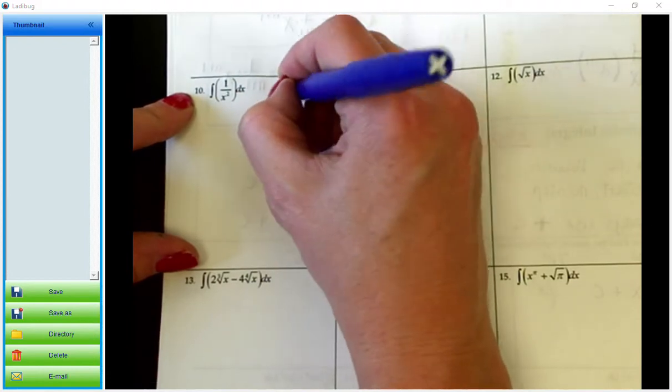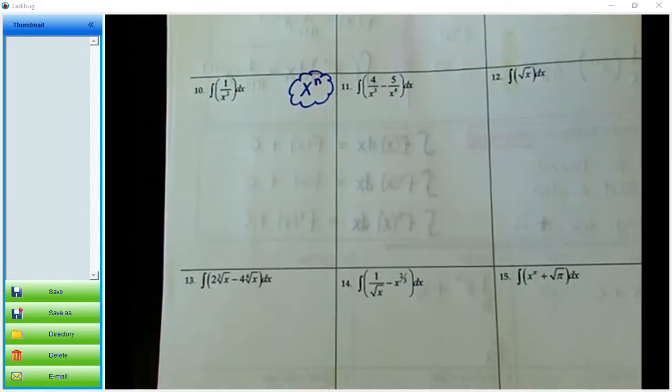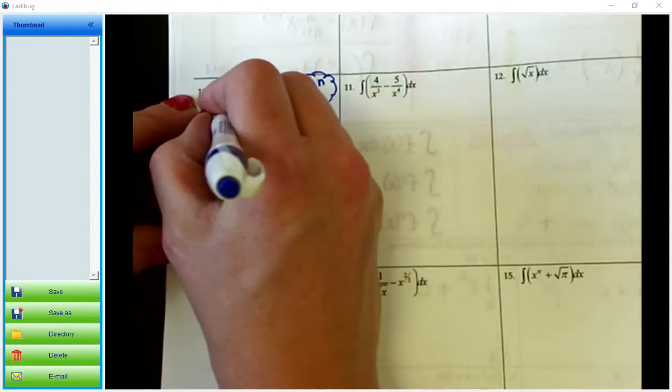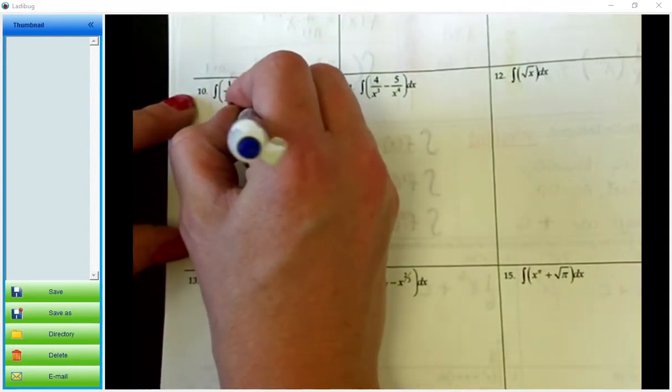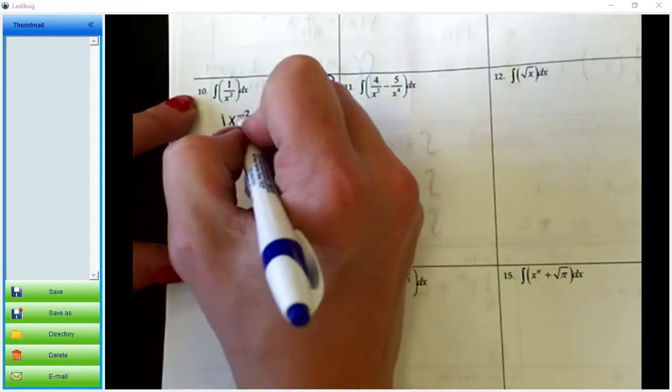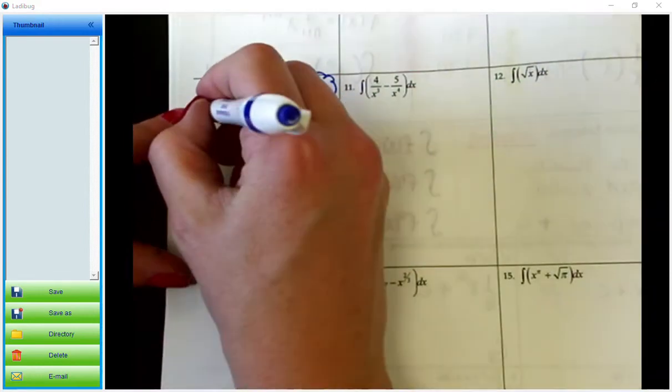It has to look like the power format before you can do the antiderivatives. Has to. Otherwise the rule doesn't work. And so before you begin, you have to take this and convert it to the power format. So the 2 exponent becomes negative when I move it up to the top.